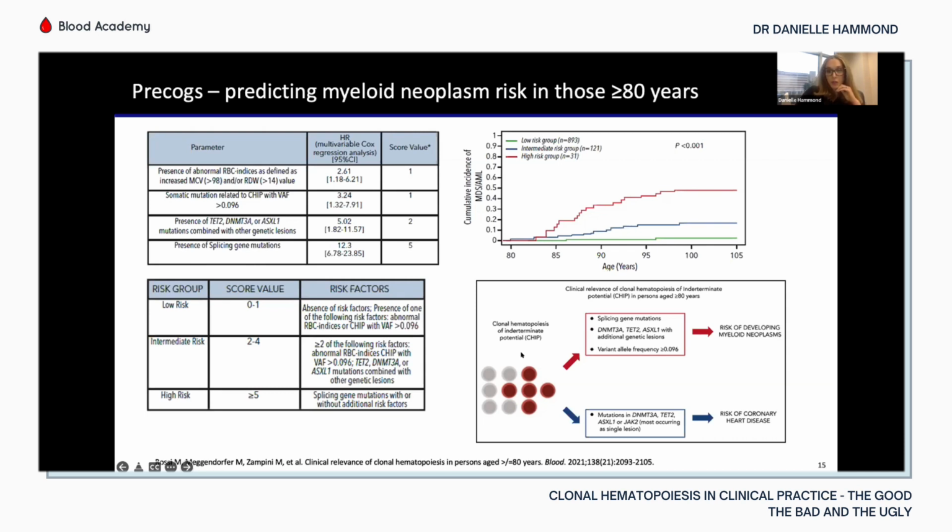In terms of the two high risk mutation signatures for these respective outcomes, quite similar to the case control studies from the last slide, if you had any splicing gene mutations, variant allele frequencies just above 10%, or these epigenetic DTA mutations in combination with other forms of clonal hematopoiesis, that was most predictive of subsequent myeloid neoplasm development. In contrast, if you had mutations in these epigenetic regulators or in JAK2, this was actually a signature predictive of these inflammatory outcomes.